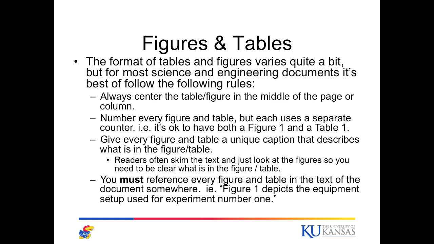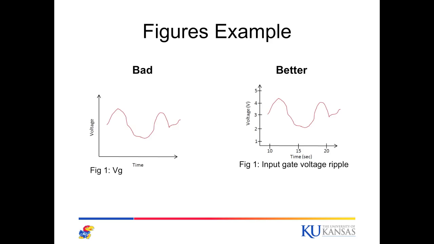And I mentioned this earlier, but every single figure must be referenced in the text somewhere. If it's not referenced in the text, it might as well not be in there. It doesn't have any context. The reader's not able to understand what it means. Okay, so here's a quick example. Here we've got some voltage versus time plot.